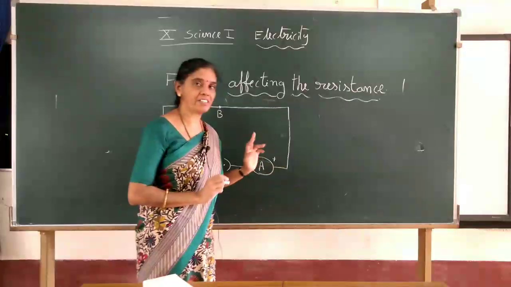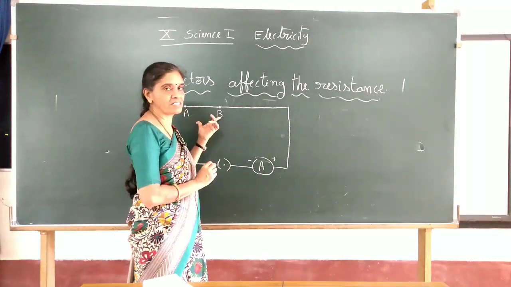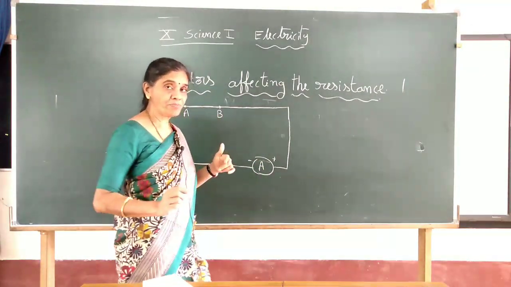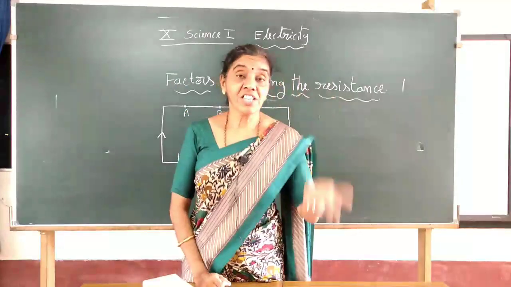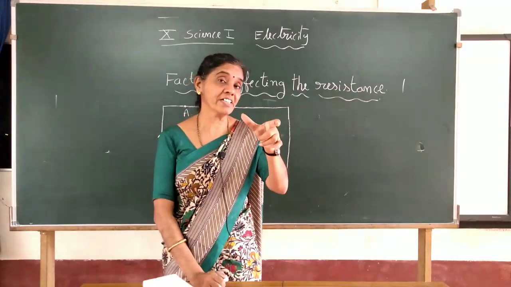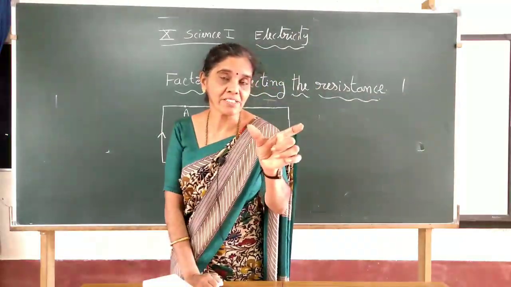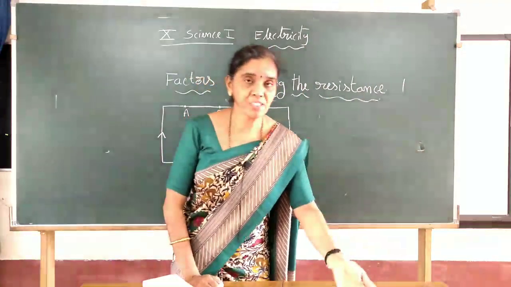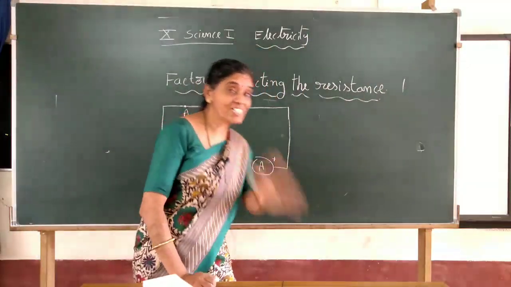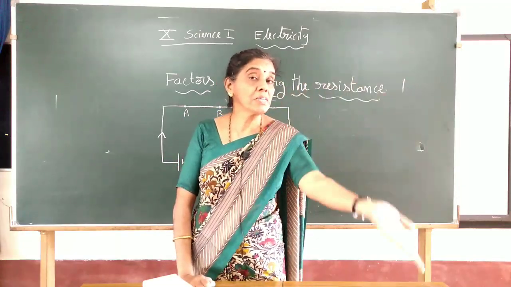It has a particular resistance, whatever it is. Now you change the wire; whatever wire you have taken, now take double of it. If you take 20 centimeters, next you take 40 centimeters. Don't change the thickness of the wire, only increase the length to double.